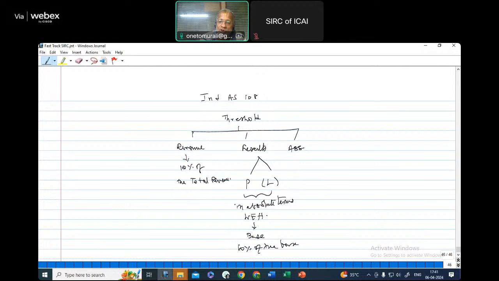Assets: 10% of the total assets of the enterprise.